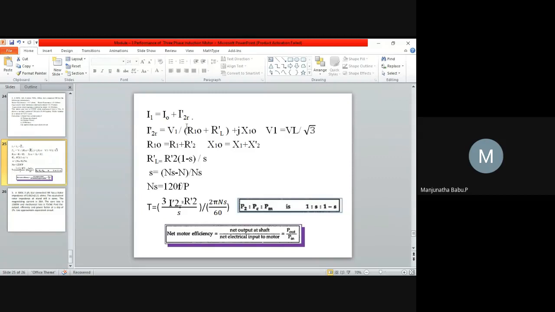So now substitute in the current equation, that is the rotor current equation referred to stator. I2 dash is equal to V1 divided by R01 plus RL dash plus J X01. So substitute, find what is I2 dash.